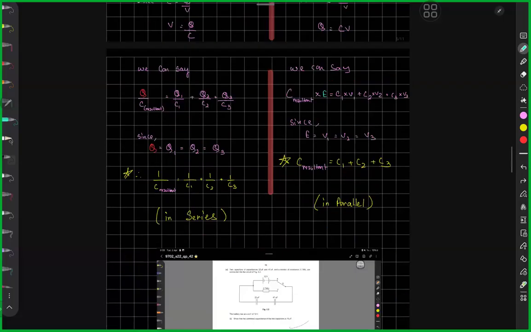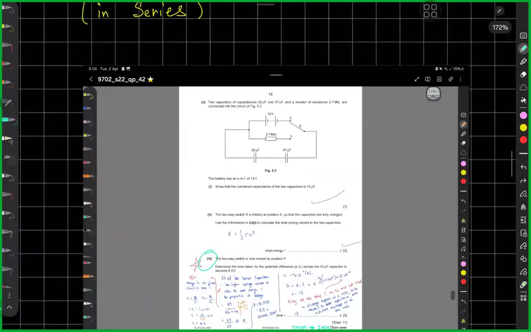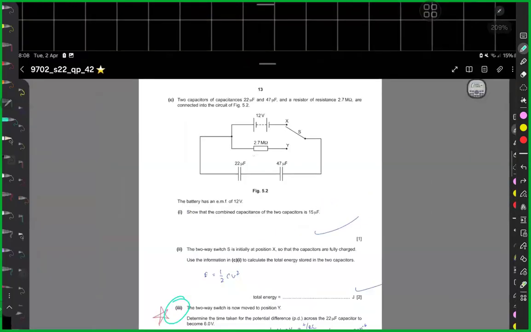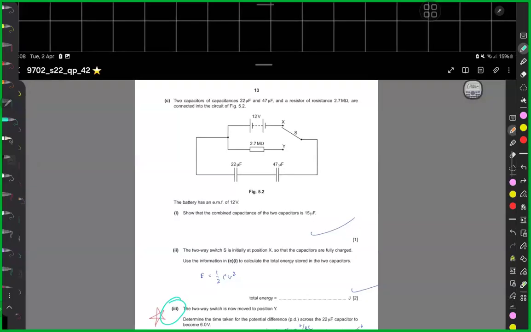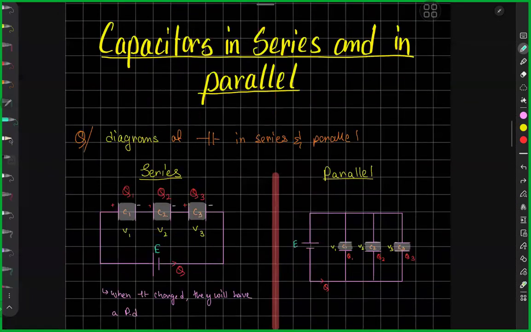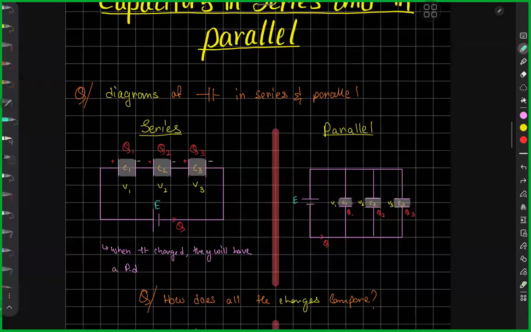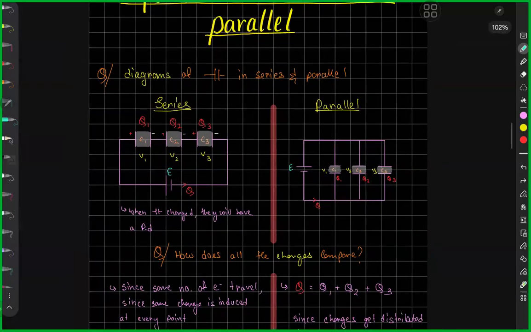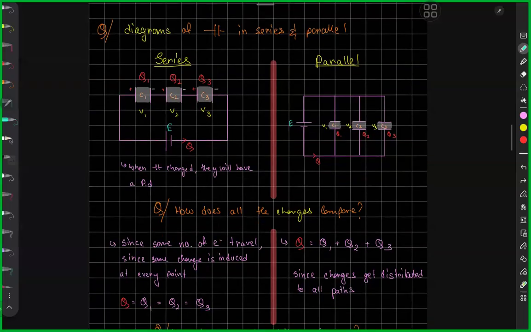Even if you do have a resistor over here, you will have to share the potential between the capacitors regardless, which is why this gets a bit of a complicated question. So just to make our lives simpler, we're not working with a resistor, because then the derivation will be a bit complicated.